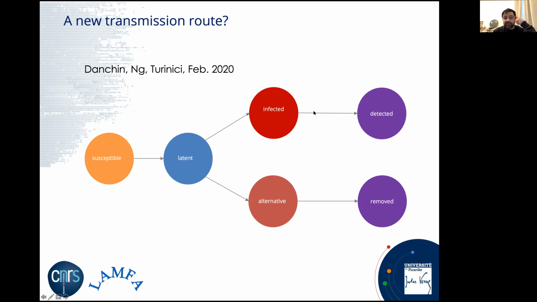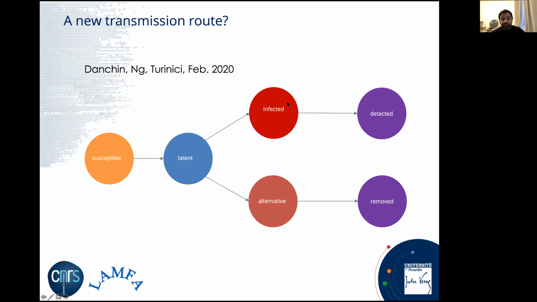But what they say is, for COVID-19, if we look at the data, there is something more. If you read the paper, they say that if you have only one way of transmission, using the data from China, where they were very strict in controlling the disease, they controlled the infected individuals.